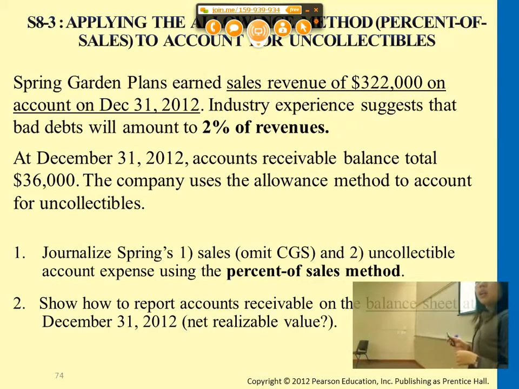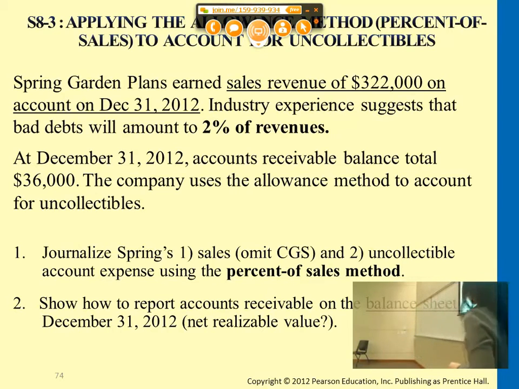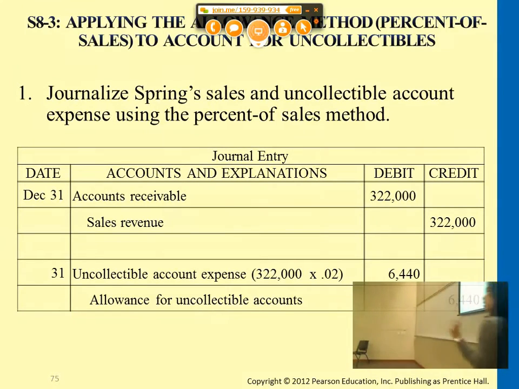Okay, now this second entry here, so lower that down. Second entry, after sales, we want to estimate uncollectibles based on 2% of the total sales transactions, which is $322,000.